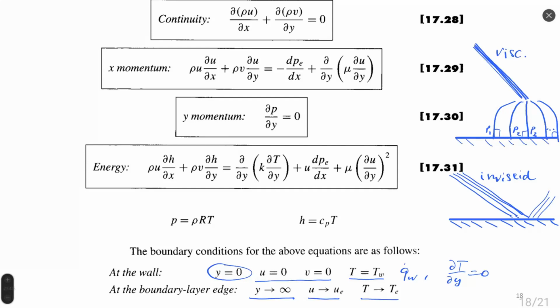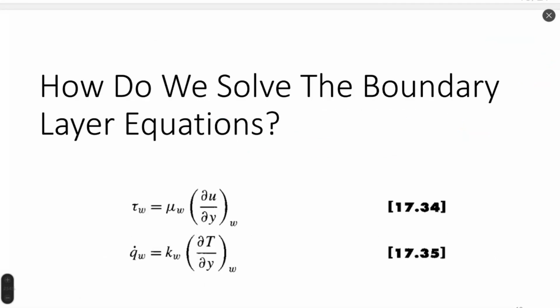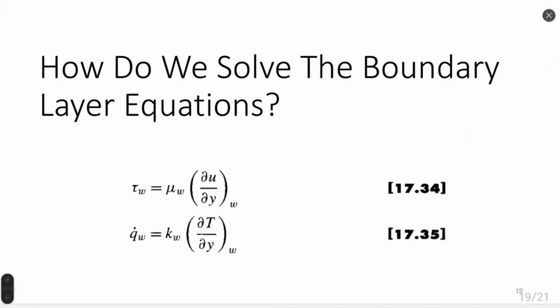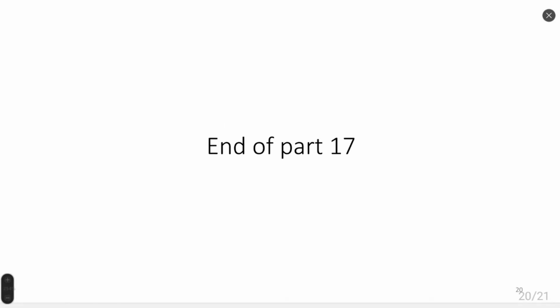Instead of these simplified equations, the complete Navier-Stokes equations are solved inside and outside the boundary layer. How do we solve? I think it's obvious that we solve boundary layer equations by CFD, computational fluid dynamics. It's the end of chapter 17.